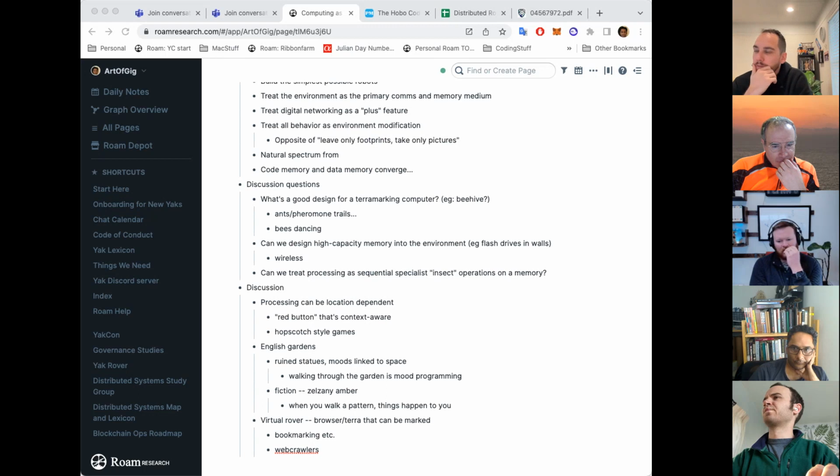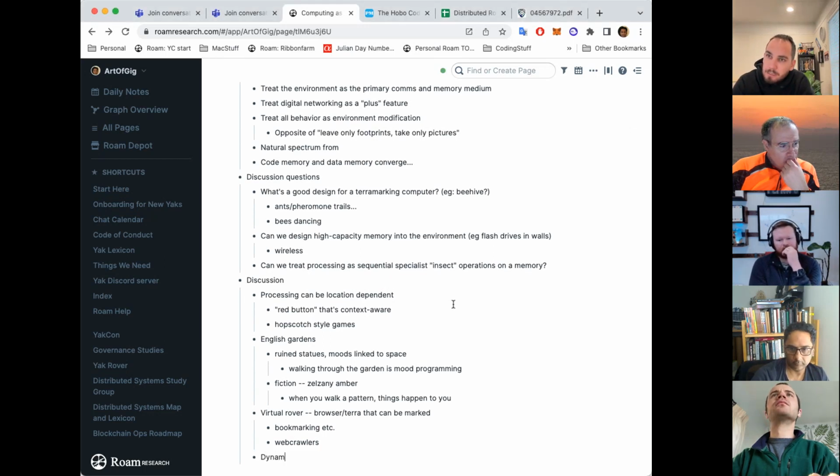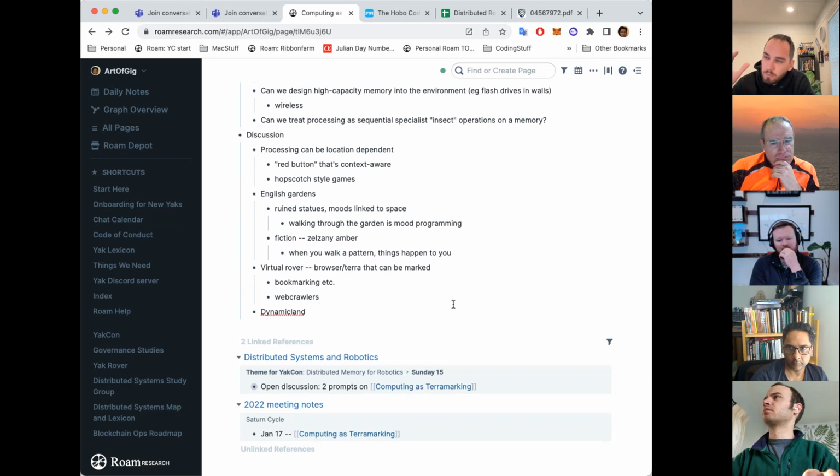I have one. I don't know if anyone here visited Dynamic Land when it was open, but that was the first time that I directly experienced programming in a situated environment. They had cameras and projectors pointed at a surface like a table or a wall, and you could put pieces of paper down that had a pattern on them, and it would run the code on that paper.